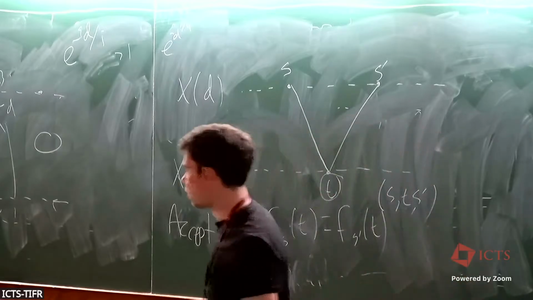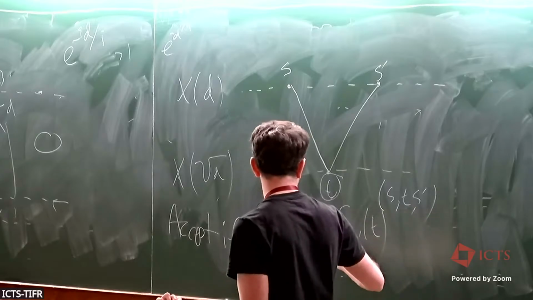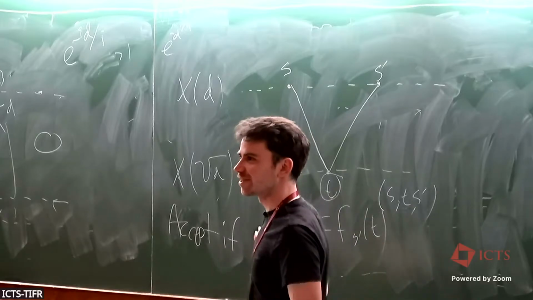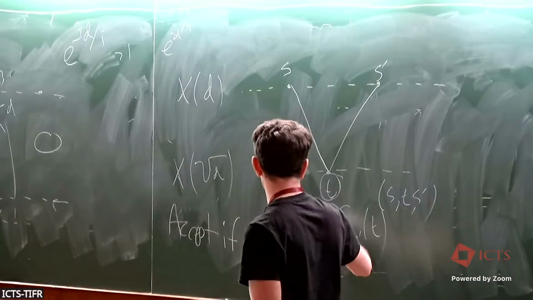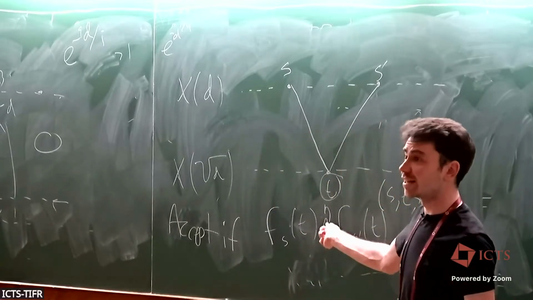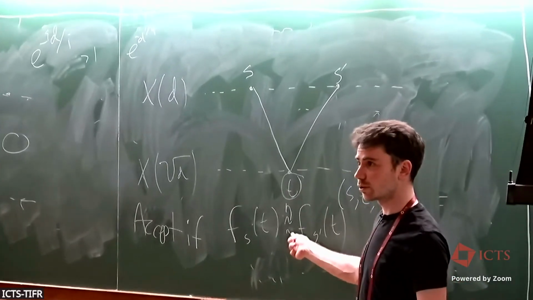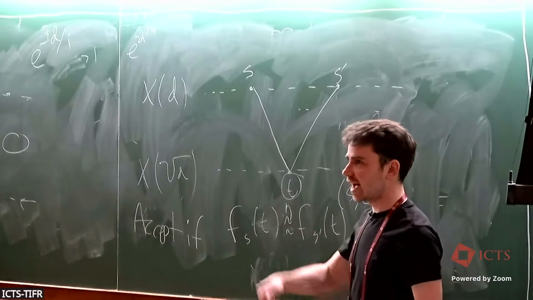Okay, actually I'm lying. Because I only have 8 minutes, I have to do the approximate version. So I'm actually going to accept if these guys are equal on all except an eta fraction of the domain. So I'm going to do an approximate version of this local testability. And the guarantee I'm going to ask for is weaker.